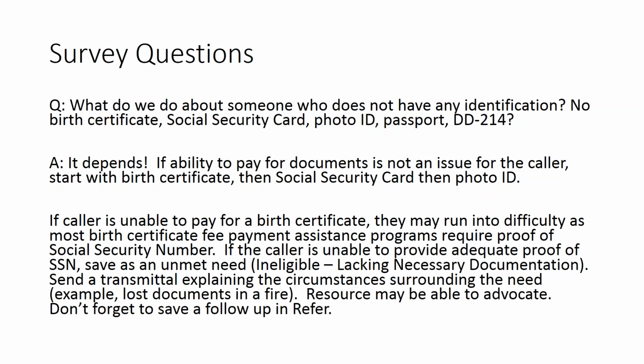The best that we can do is reach out and do a little advocacy, see if one of those birth certificate fee payment assistance programs is willing to make some sort of exception or accept some other sort of documentation as to proof of who this person is, and then reach back out to that person and let them know what the results of that is. Okay, does that all make sense?